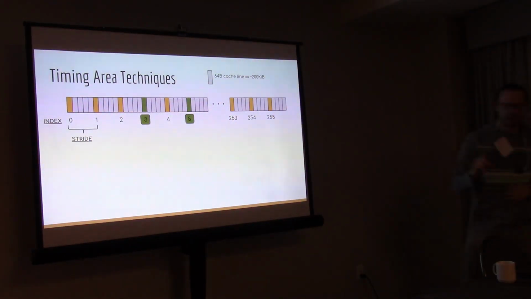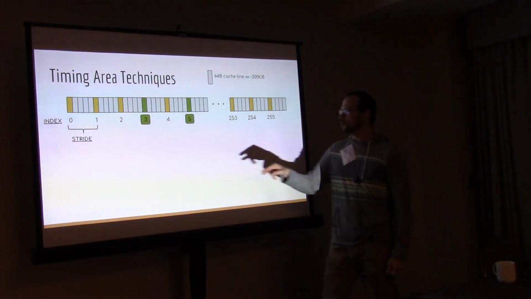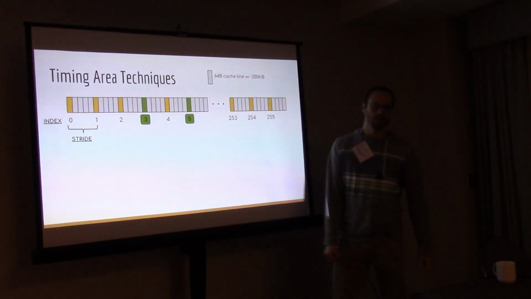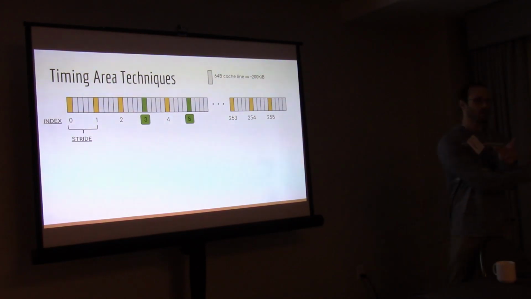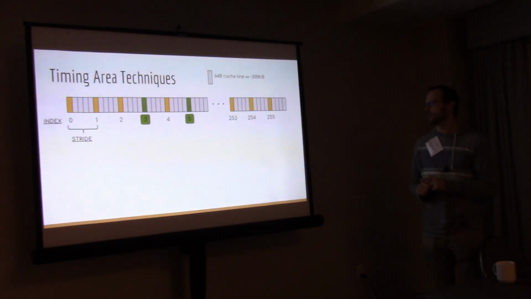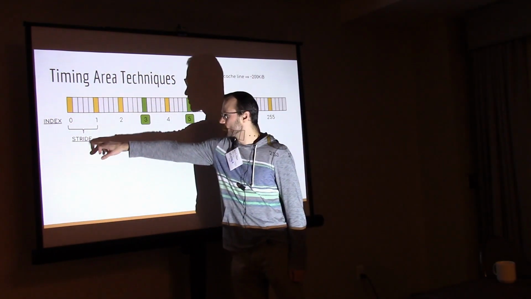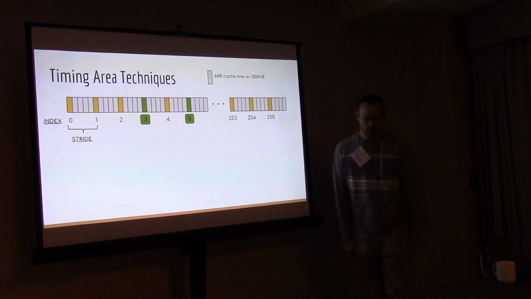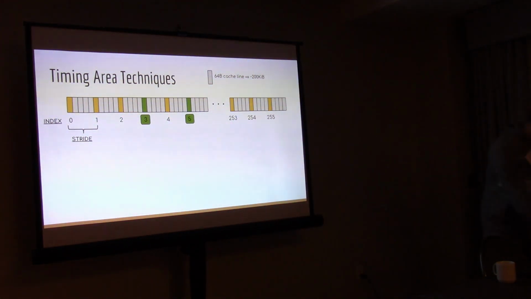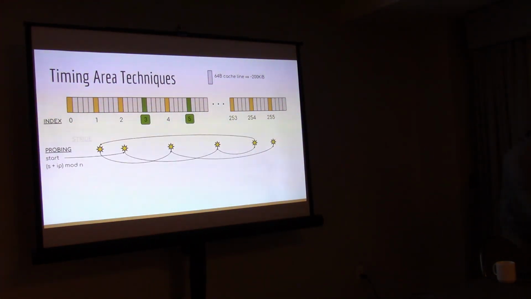The first thing is that you don't want to use lines that are next to each other because of the buddy filling that the L2 to L1 prefetcher does. So we have to spread them out. It turns out a stride of a prime number works pretty well. The smallest one that I found that worked pretty well is 13, but you can use other numbers too.